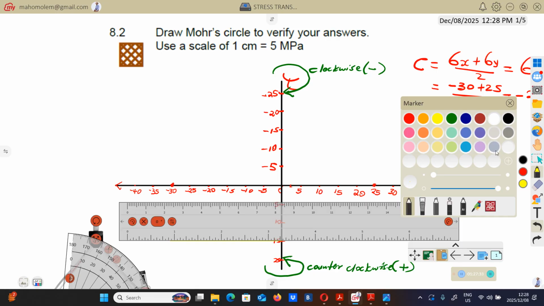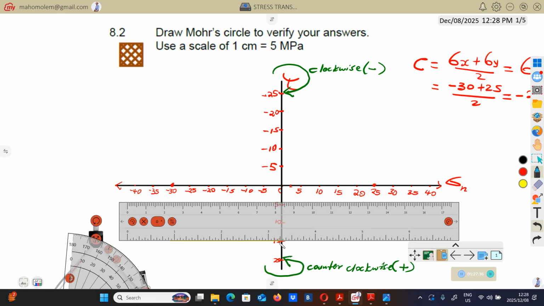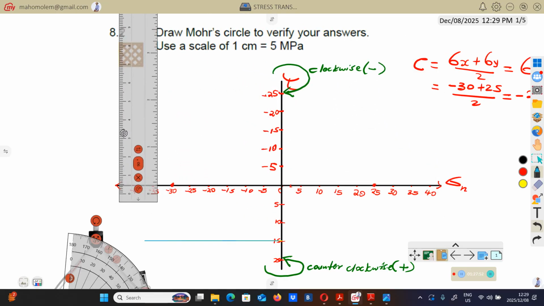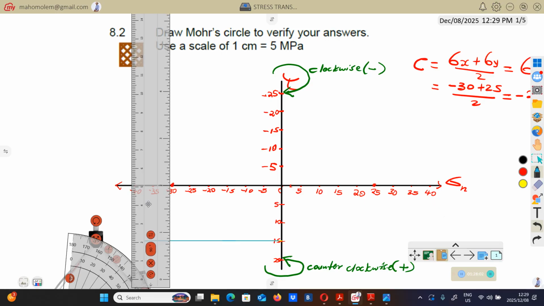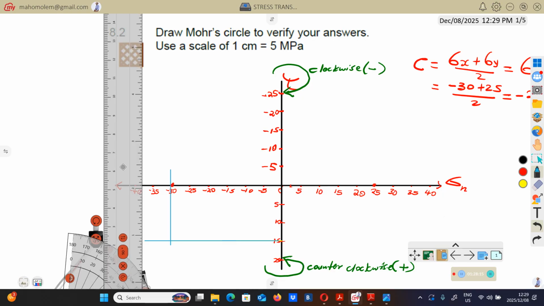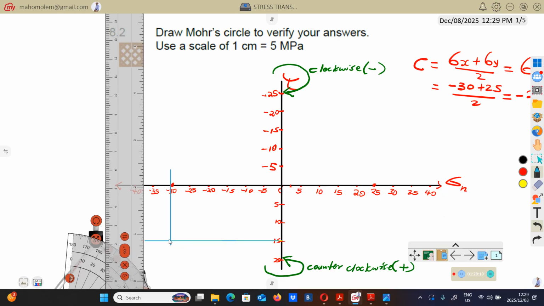Let me change. Yeah, positive 15 and 30. Okay, this will be your first point.